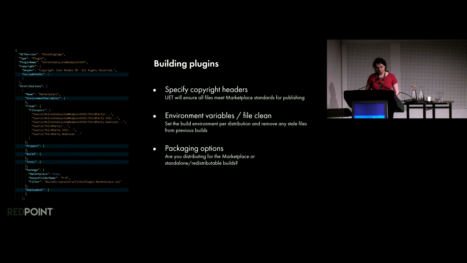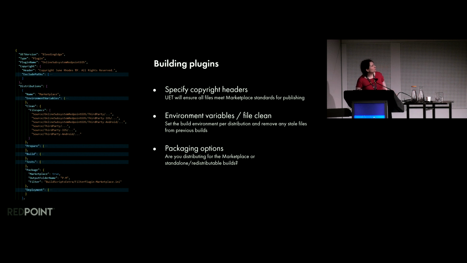All right. Building plugins, you can also build plugins with buildconfig.json. It's broadly the same, there's a few extra options. So for example, you can set the copyright headers, and then as part of the packaging process, UET will go through and fix up all of the copyright headers in all of your files to make sure it meets the marketplace standards for publishing.